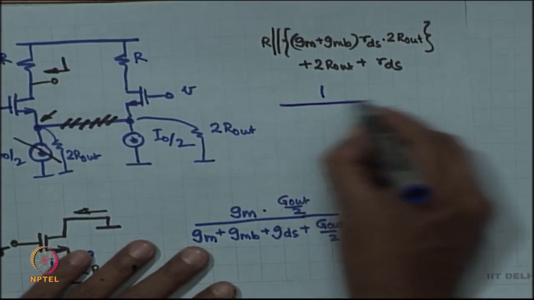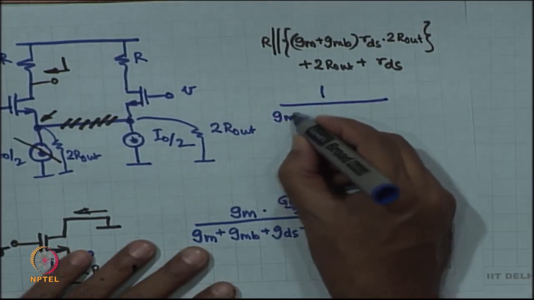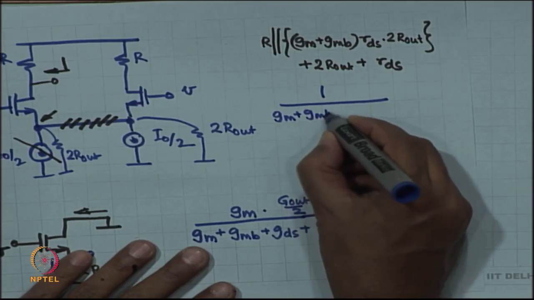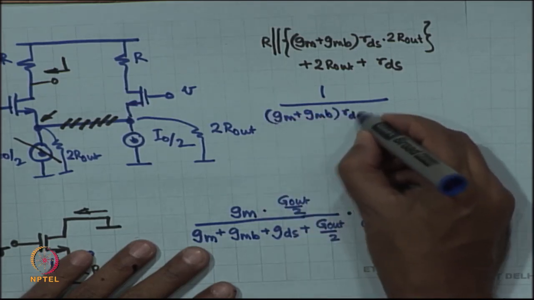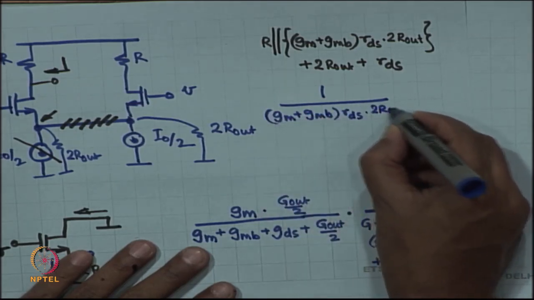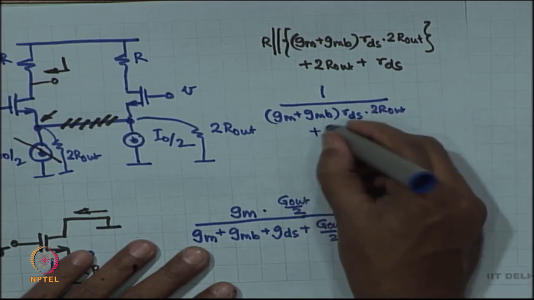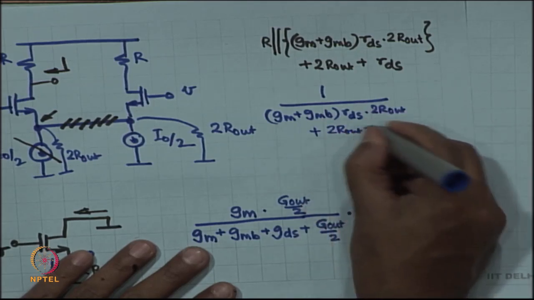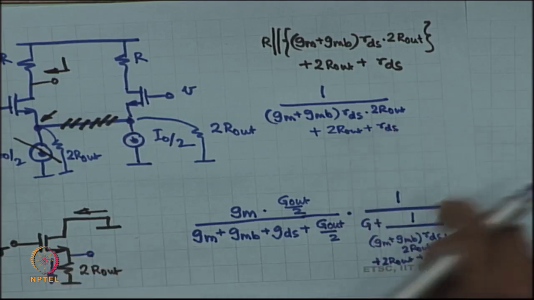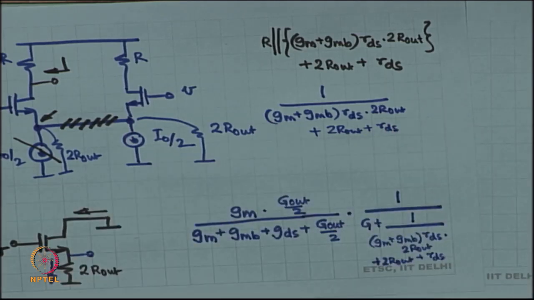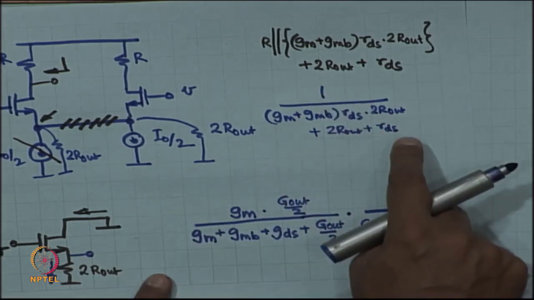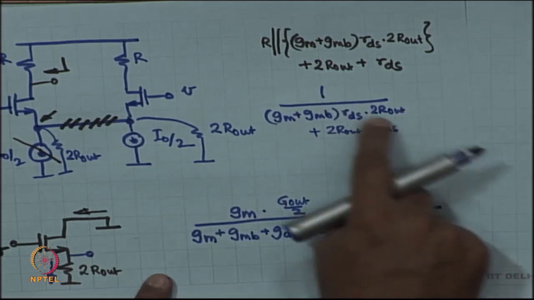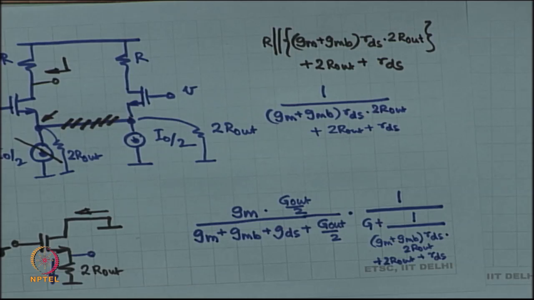So, 1 by Gm plus Gmb times RDS times 2 R out plus 2 R out plus RDS. Can you convert this to conductance? So, multiply numerator and denominator by GDS and multiply numerator and denominator by G out. Okay, that is all that you have to do.